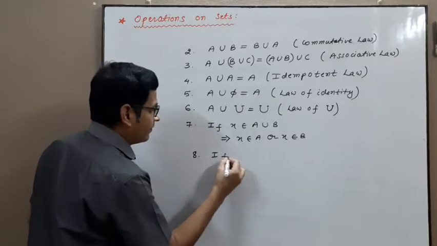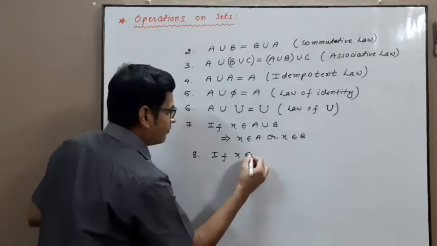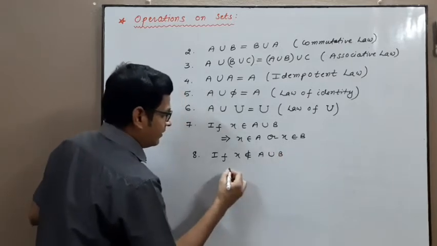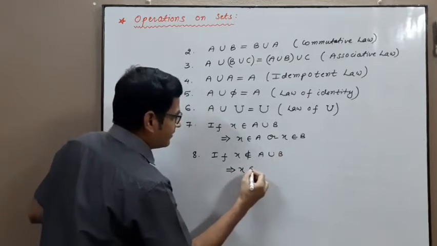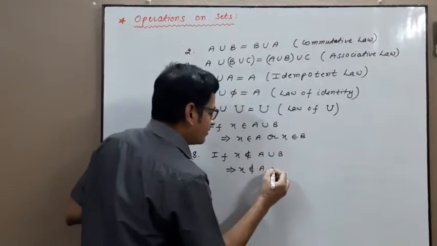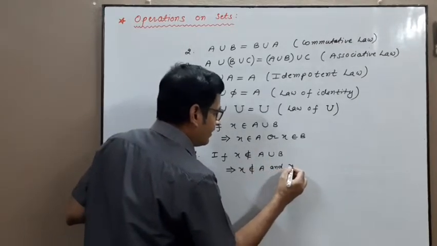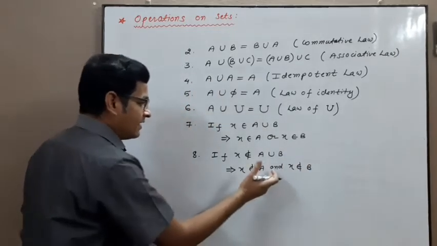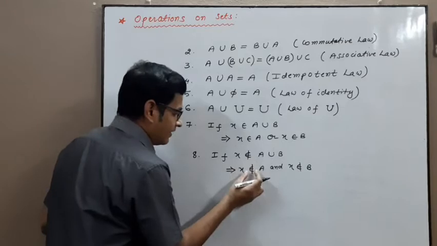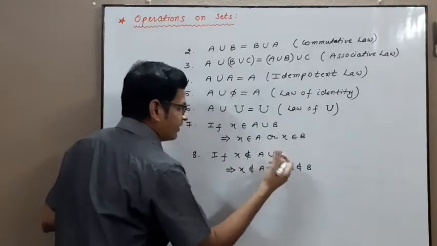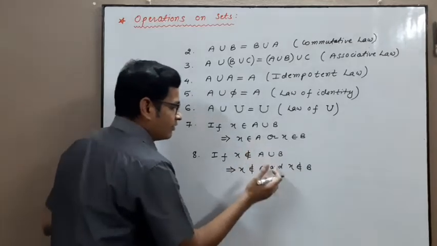But if x does not belong to A union B, it implies x does not belong to A, and in place of or we use and, x does not belong to B. Why do we write and in place of or? Whenever negation is there, x does not belong to A and B, then union converts into and, or converts into and.